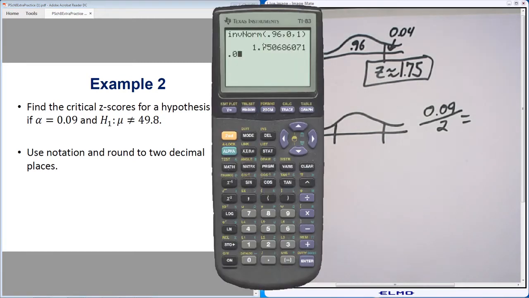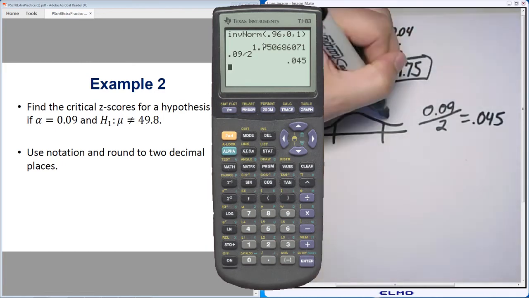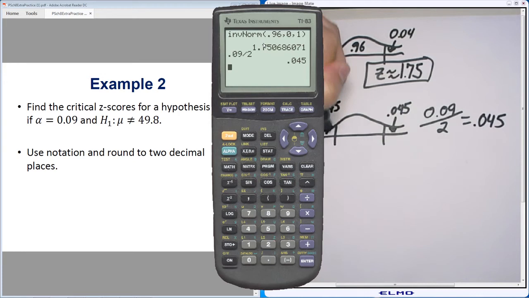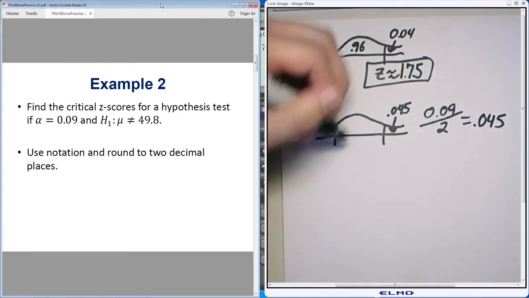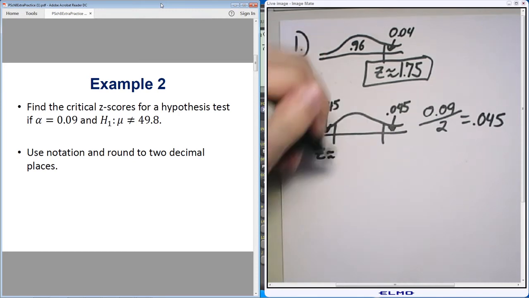I can use the calculator to help me find that. Alright, 0.045 will be in each tail. And I need both z-scores, the left and the right. Let's find the one on the left first.